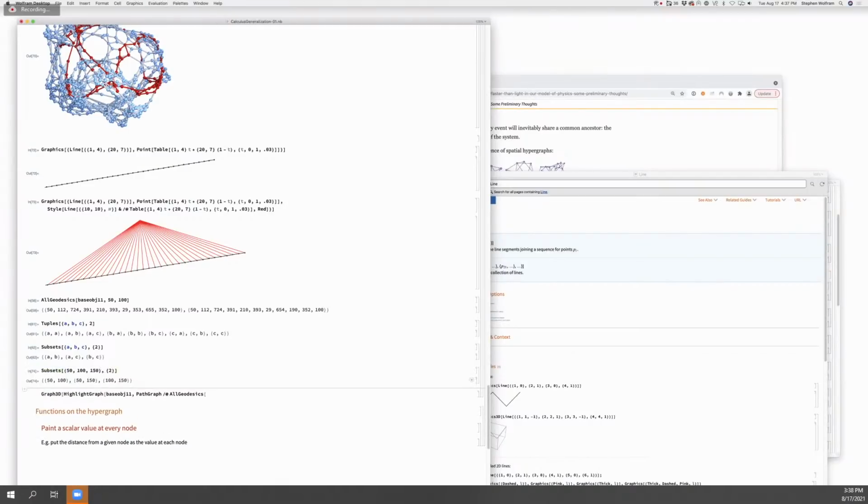It's all geodesics of, we can forget the path graph for a second. Okay, 50, 100, 150 is going to be our things that it's going to be applied to.